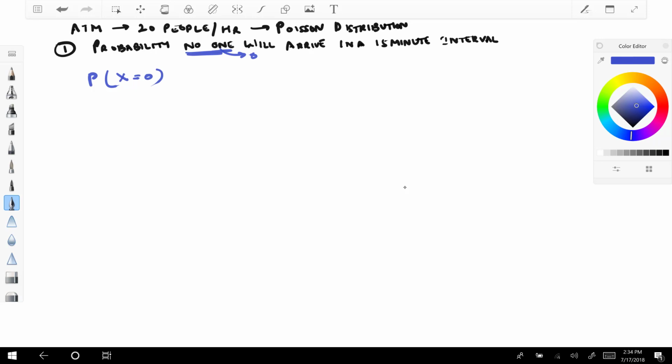Firstly I will write the formula rather than directly going into the values. Our formula was P of X small x is equal to e power minus lambda, lambda power x divided by factorial x.